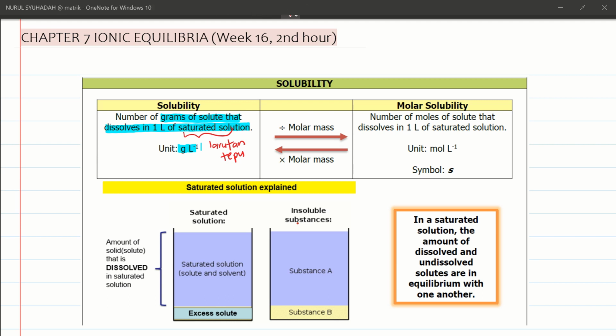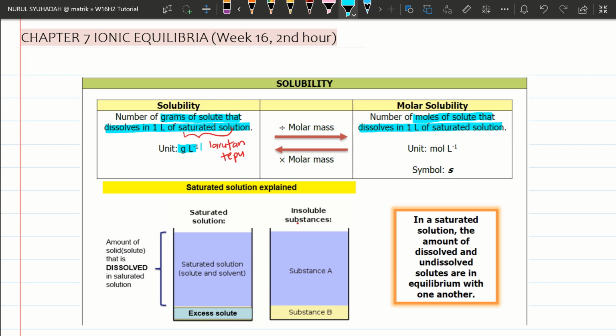Next, what is molar solubility? Molar solubility is the number of moles of solute that dissolve in 1 liter of saturated solution. If earlier it was mass, this one is mole.